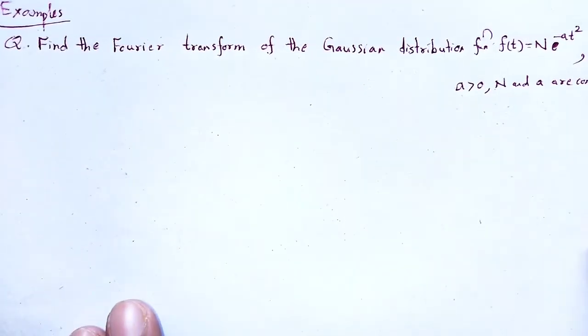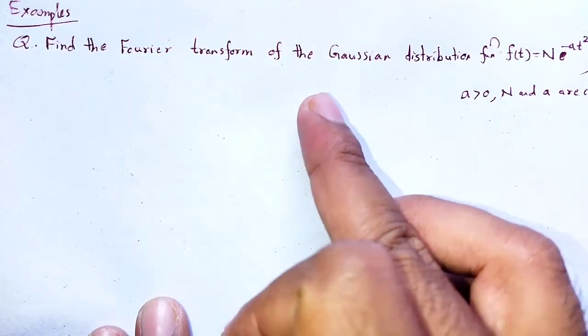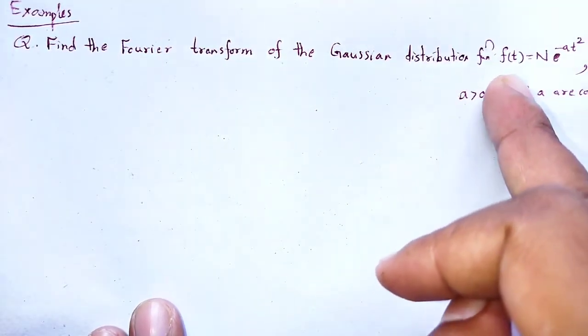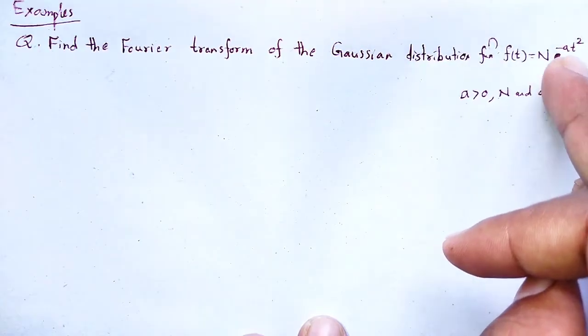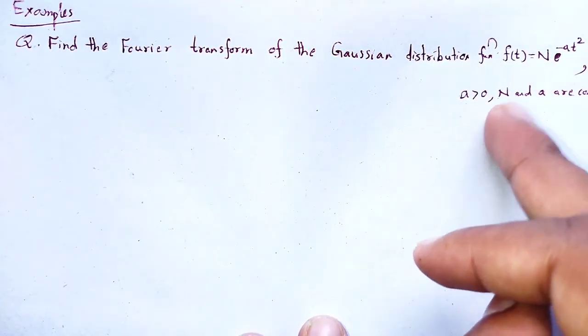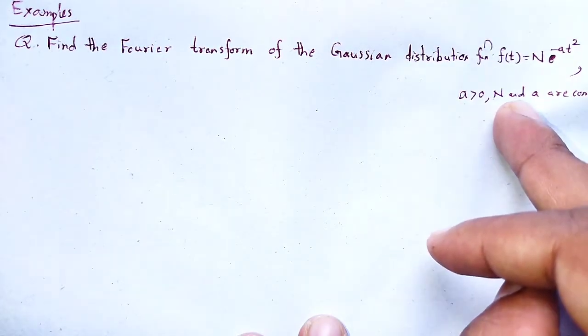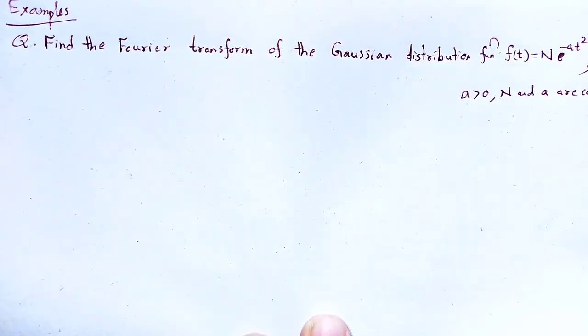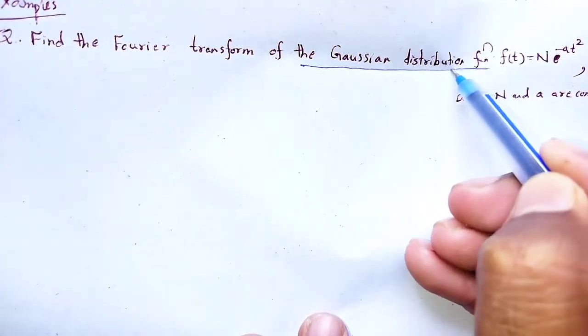Example, find the Fourier transform of the Gaussian distribution function f of t that is given as n into e to the power minus a t square, whereas a greater than 0, which one is positive, and n and a both are constants. That is Gaussian distribution function.